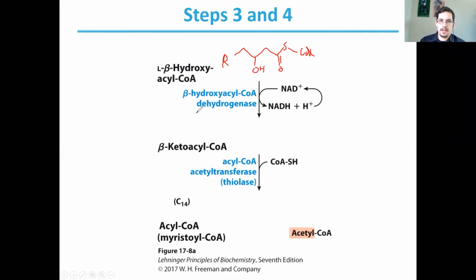Now we use another dehydrogenase to oxidize that alcohol. So we're going to produce NADH this time. We get NADH, of course, when we're oxidizing our alcohol here to a ketone. When we did the alkane to the alkene, we just produced the FADH2.